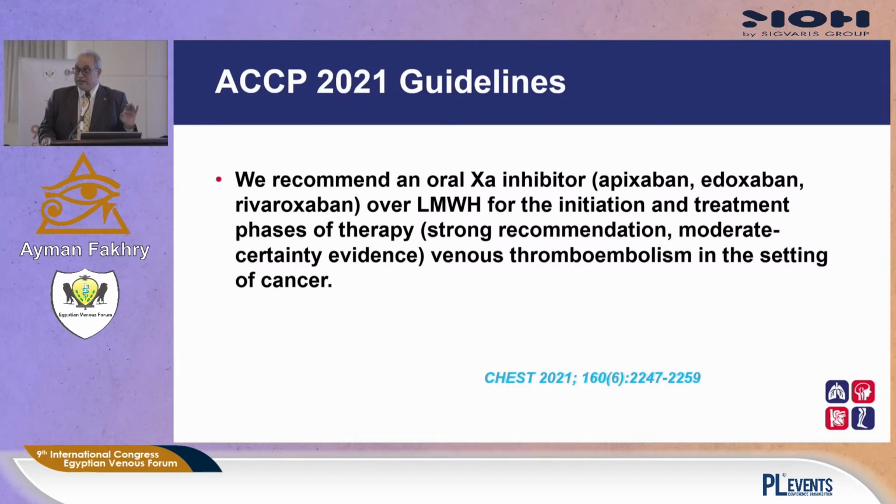I think we have to believe in science and we have to believe in this recommendation. It is also published in Chest, and this is the volume. You can go and read it, and if you can't access it, please let me know and I will give you the original version on demand.